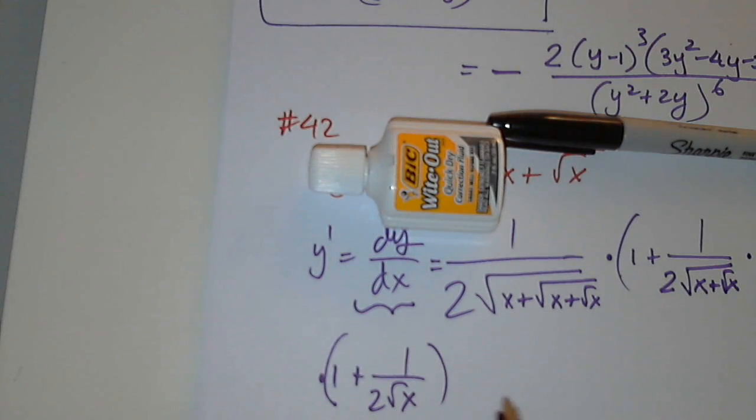Now careful, you have to close the parenthesis here, and you have to close this parenthesis. Of course, we're not going to attempt to do anything here. This is it. But is it clear what I just did?